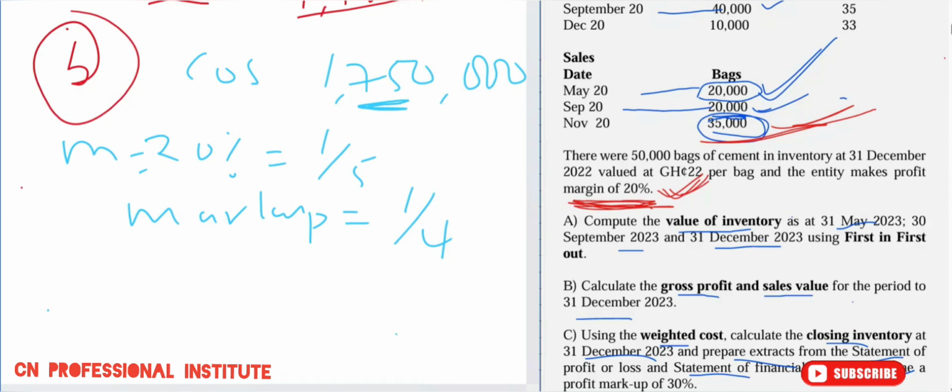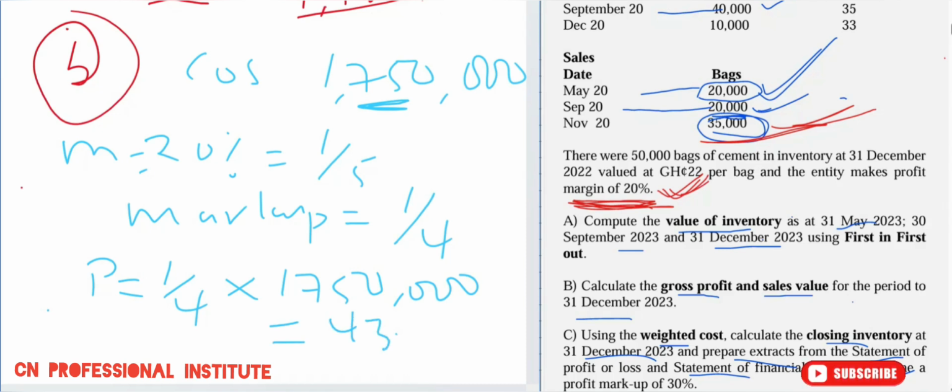So now to get the profit, it will be the 1/4 times the cost price, by the 1,750,000 here. Are you following? And that will give us 437,500.